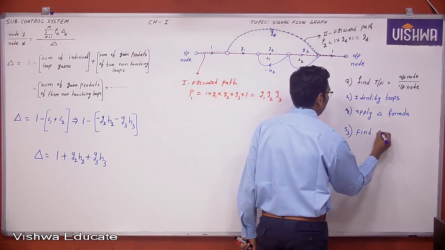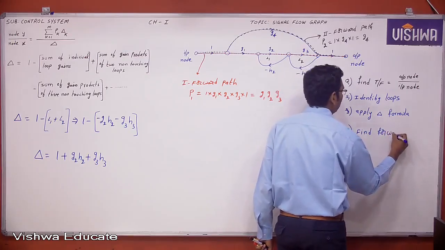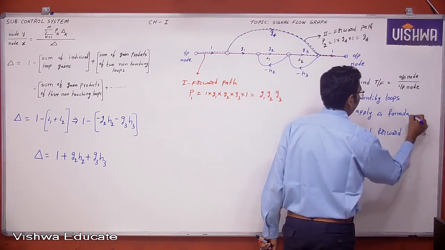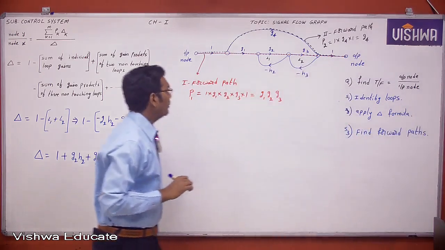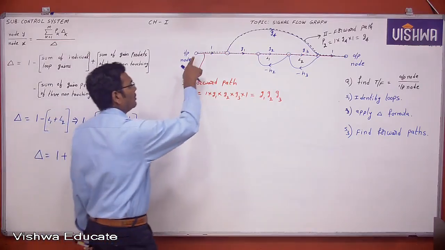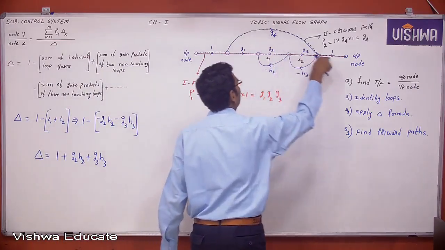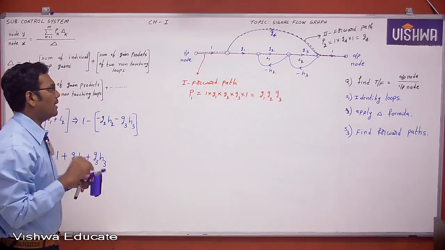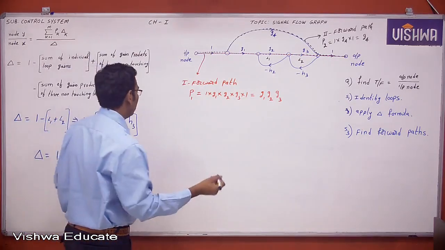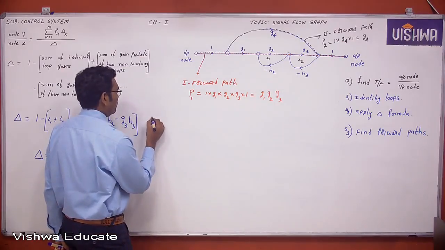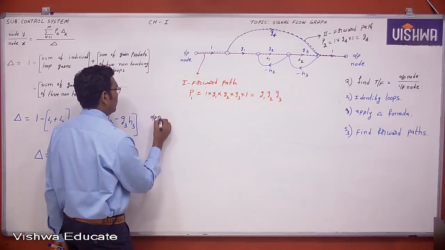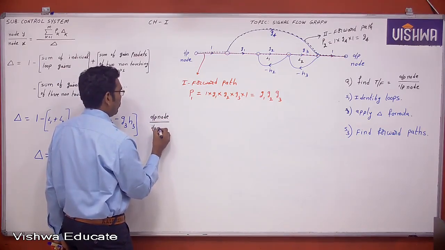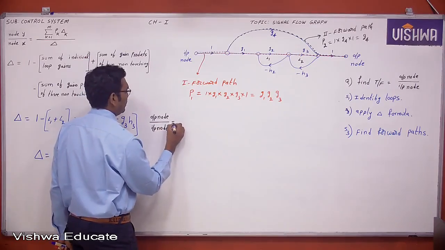find forward paths. Okay, now what are the forward paths? This is the first forward path. This is the second forward path. So first find the forward paths and the formula. Now, output node to input node ratio is P1 delta 1 plus P2 delta 2, divided by delta.